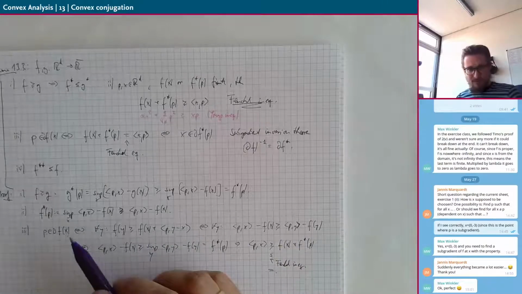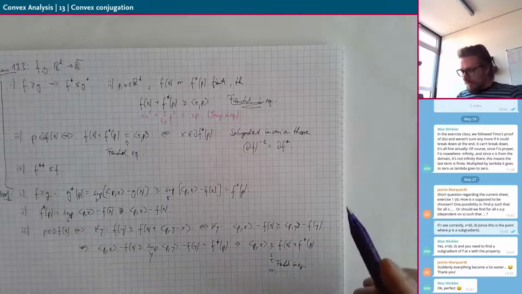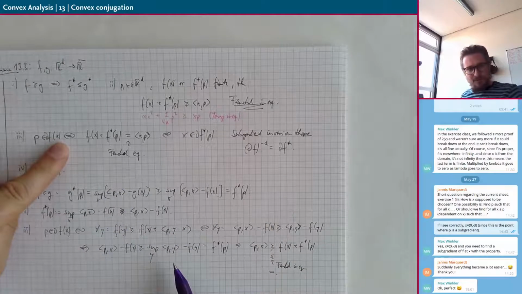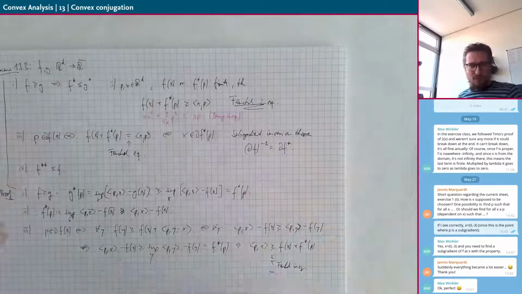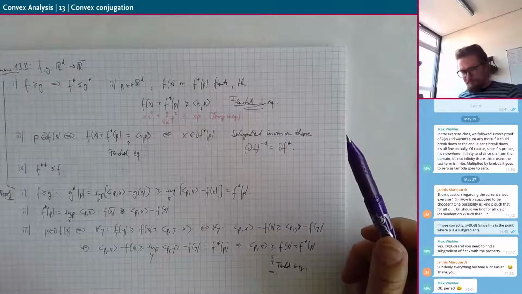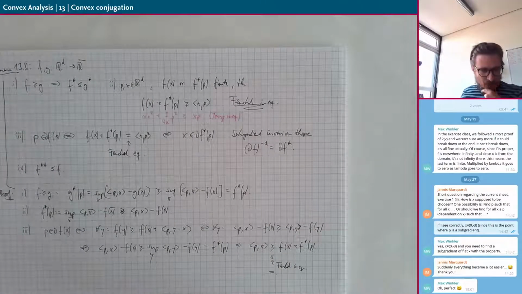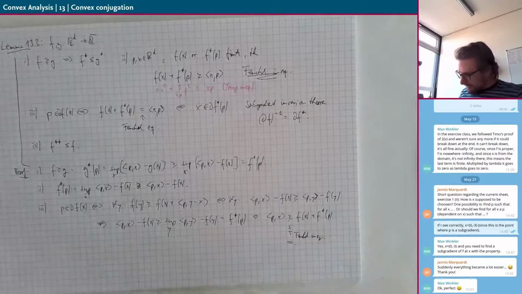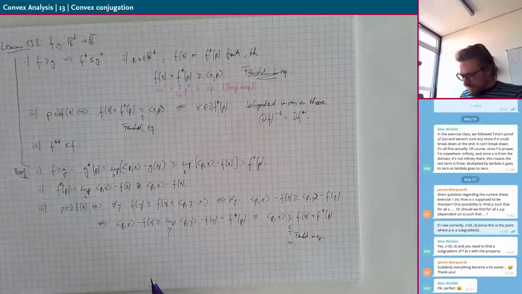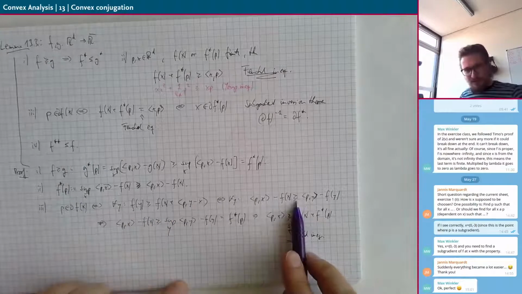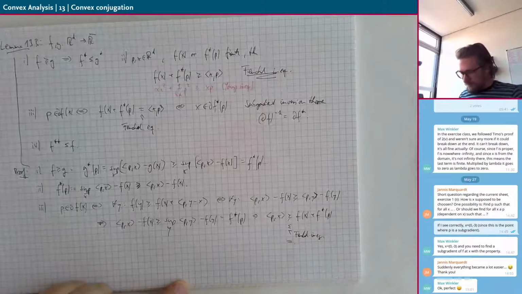You end up there, and you see, it's the subgradient. And so this shows this equivalence, and this equivalence is the same, but just with the roles of x and p swapped. Okay, so that is again fairly quick. It's basically just rearranging the subgradient inequality, and that's the crucial part you need to observe.